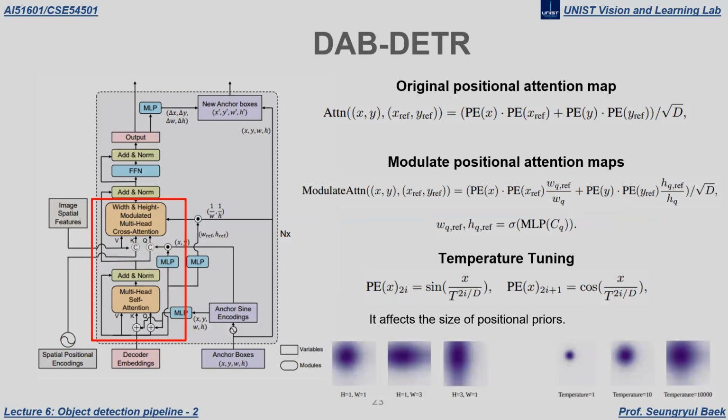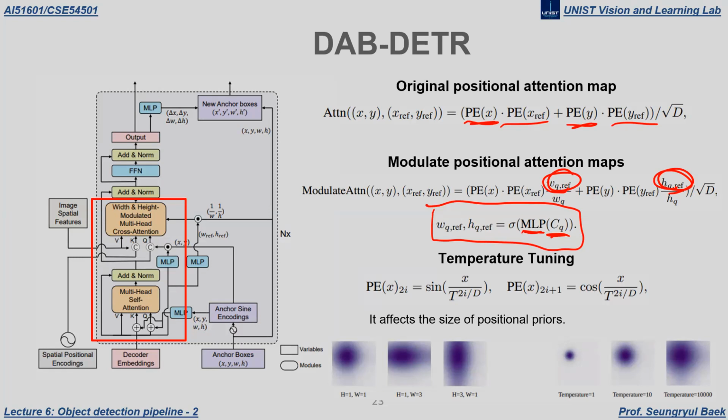Previously, positional encoding was applied to X and the reference, but now this is further inferred from the content query via a linear layer, and these values adjust the attention. It differentiates the width and height of the attention.